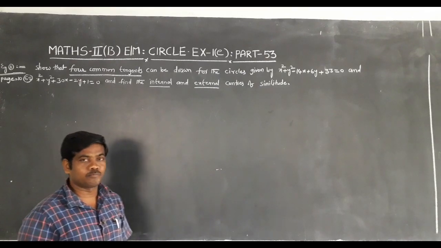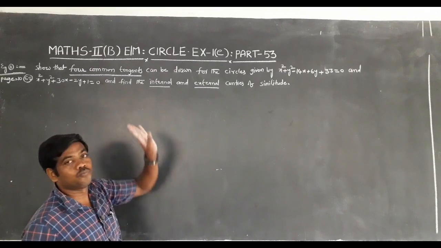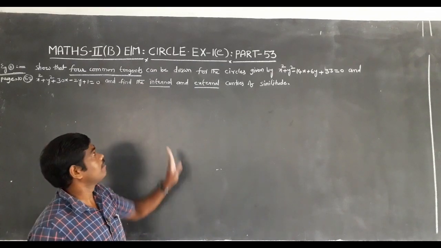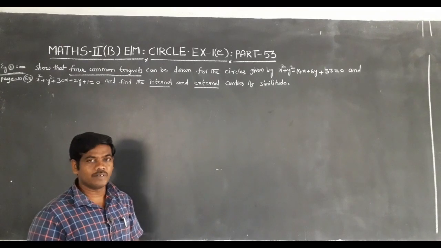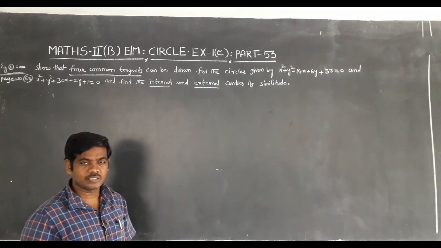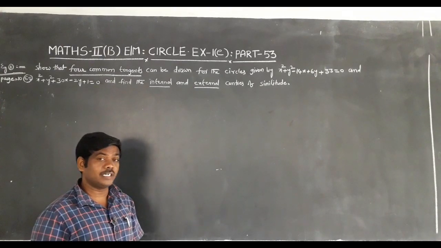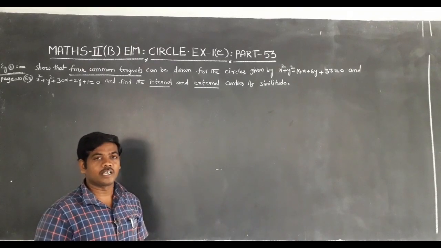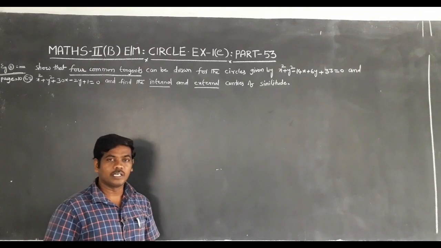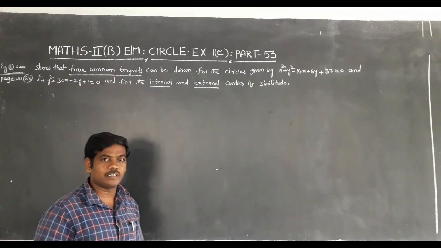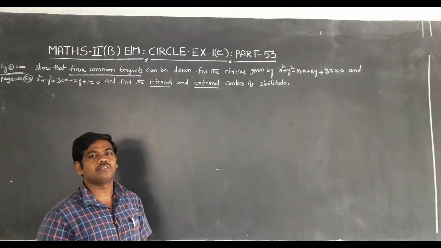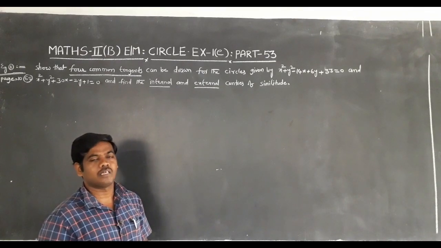Here first of all we prove that 4 common tangents can be drawn for the given circles. First of all, we prove that C1C2 is greater than R1 plus R2.